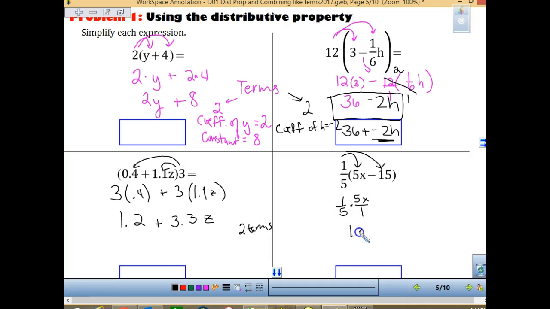It does equal 1x. Then I'm going to have minus, and tell me what to write, Gus. Sam started us. He said take 1/5 times the 5x. Now what do I have to do? I put the same minus sign.